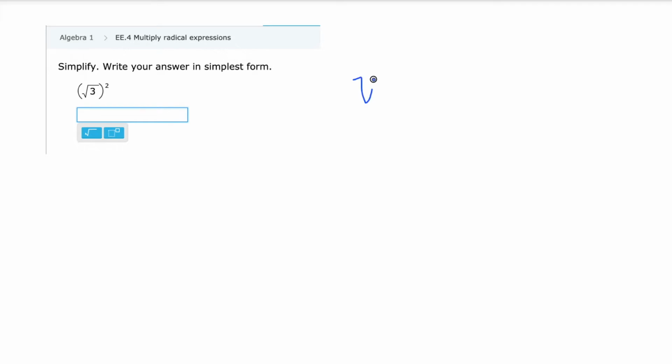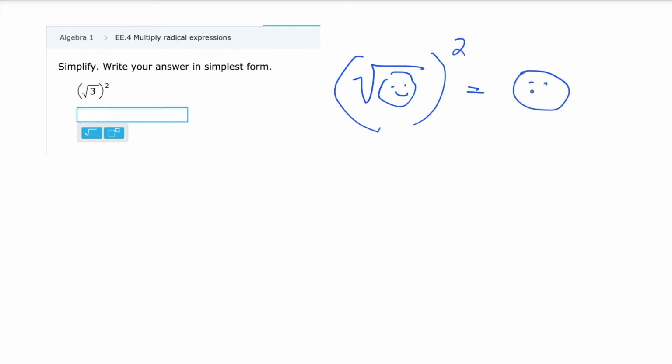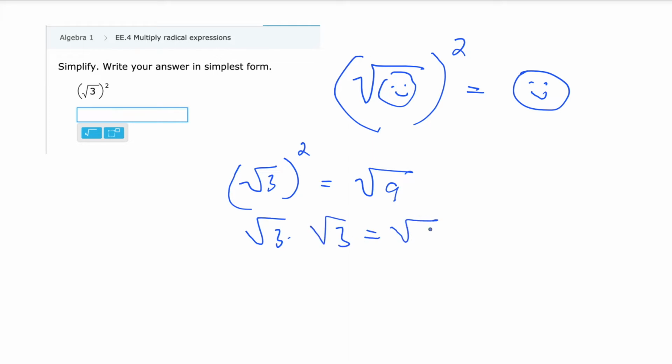Whatever's in the root, if you're taking it to the power, it's just whatever was in the root. That's because the square root of 3 squared is the same thing as root 3 times root 3, which is root 9, and root 9 is 3.